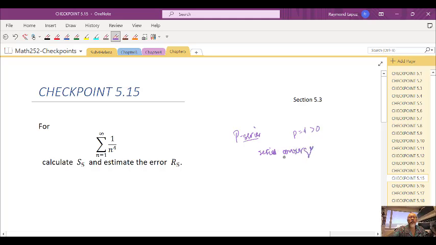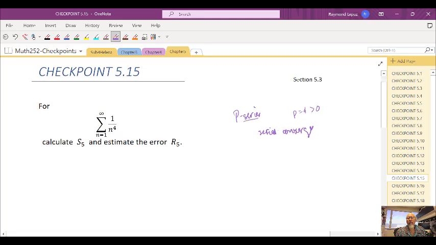If it converges, then we can bound it with an error, so we can figure out what s sub 5 is and find the error. Actually it's the remainder that we're looking for. They're calling it an error, but it's more like a bound. That's why it's called r, the remainder.